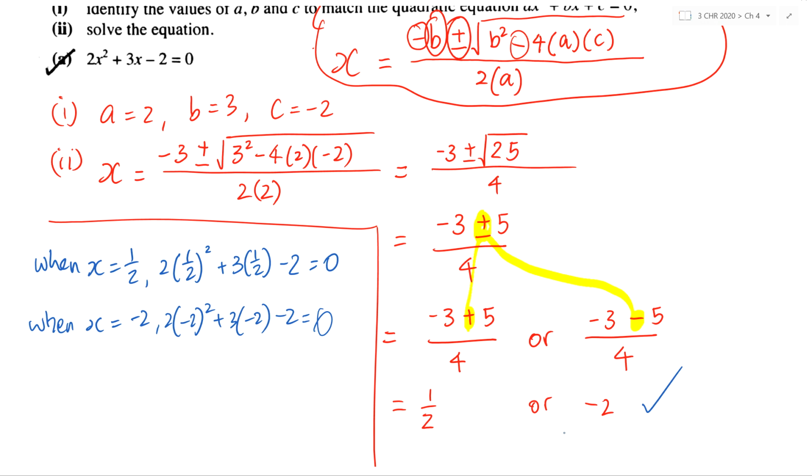Only then can we say that the solution, x, equals to minus b plus square root b squared minus 4ac over 2a, or, because there are two answers, there are two possible x values. The other is minus b minus square root b squared minus 4ac over 2a.